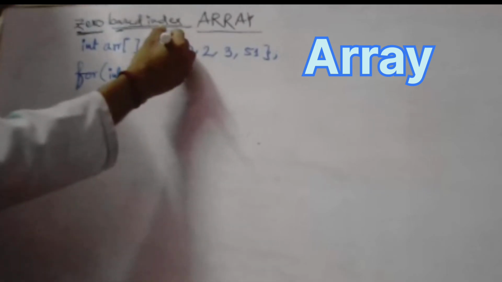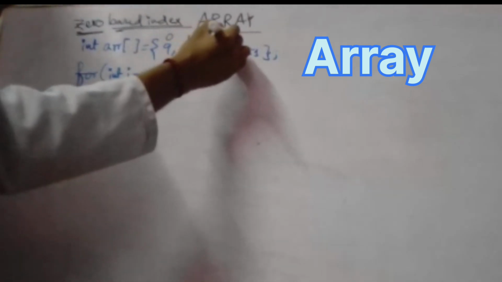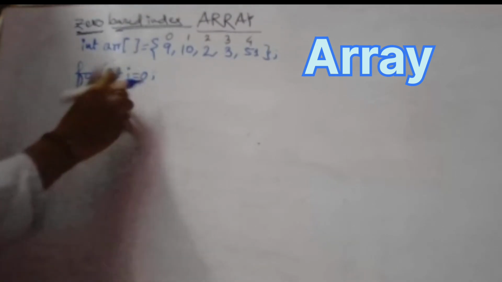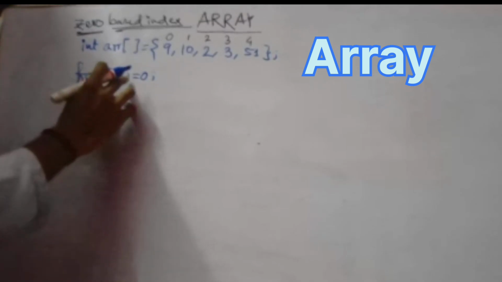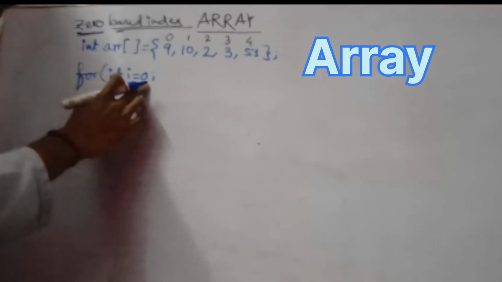It is 0, then 1, then 2, 3, 4. That is the index. That's why we initialize this iterator i with 0.